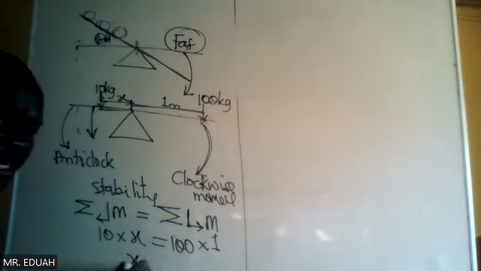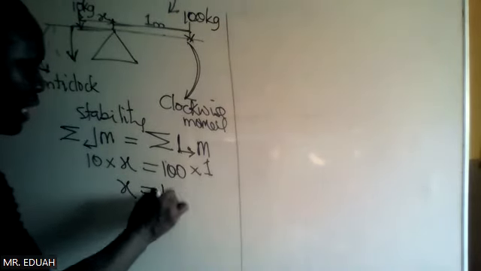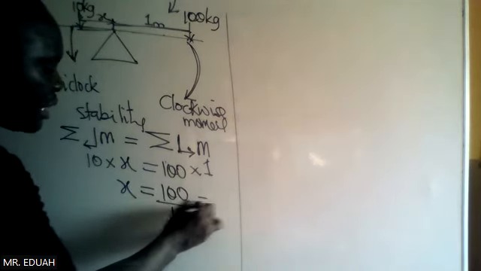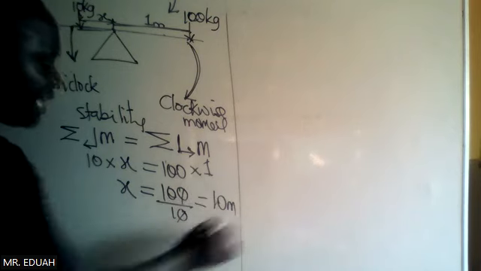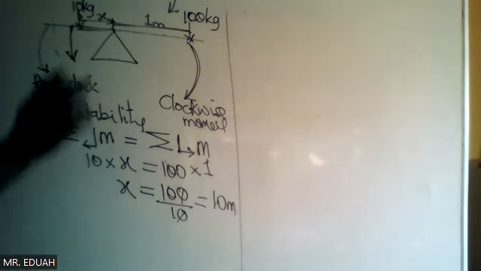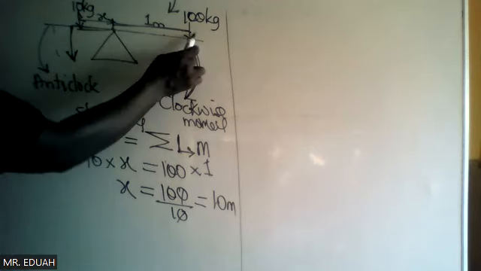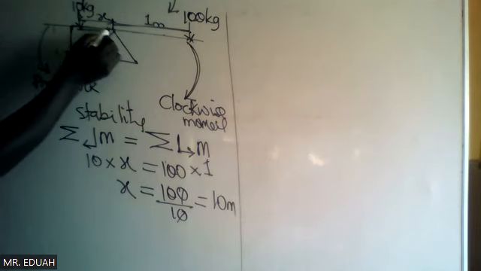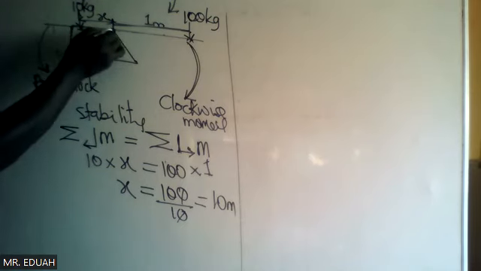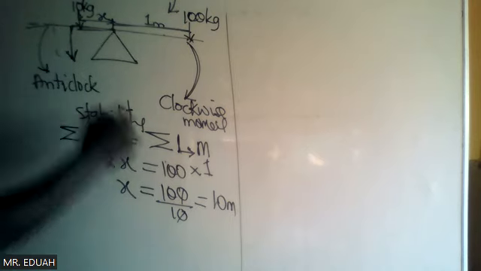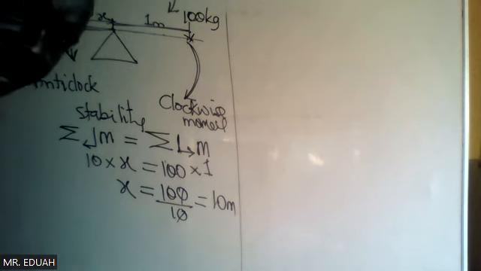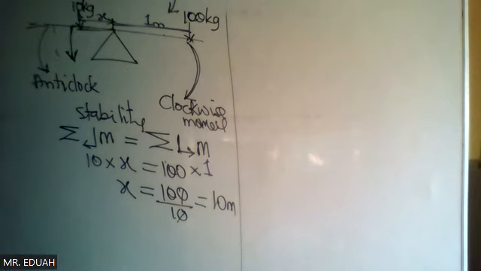Therefore, the unknown distance x will be equal to 100 divided by 10, which is equal to 10 meters. What we imply here is that to balance this heavy person, this smaller mass must sit 10 meters away from the pivot and we'll have a state of equilibrium. Please, are we okay? Are we fine with this?